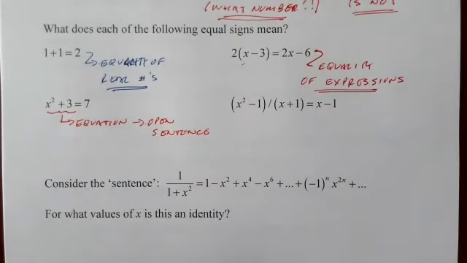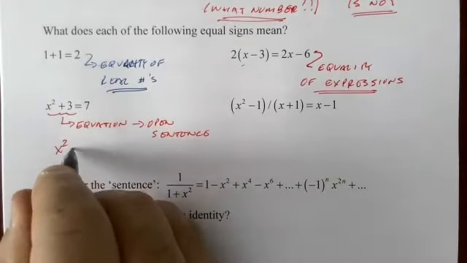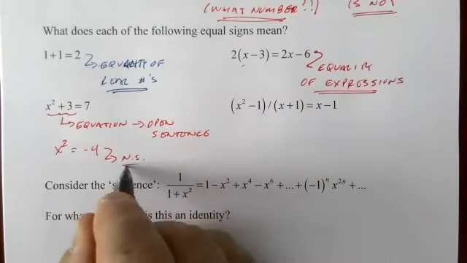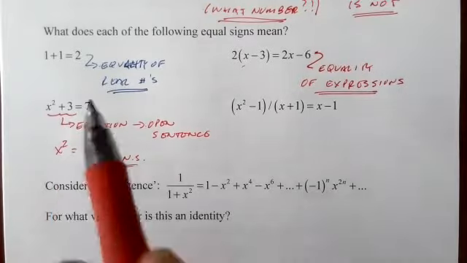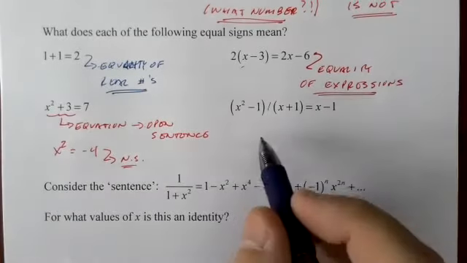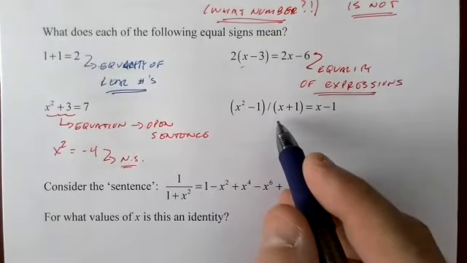Right? But what if we had x squared equals -4? Well, there's no solution. Oh, unless we go into the imaginary world. In that case, we got all sorts of complexity here, right? So this is an identity, and you would say, yeah, it works for everything. No, it doesn't. I can't put -1 in here.